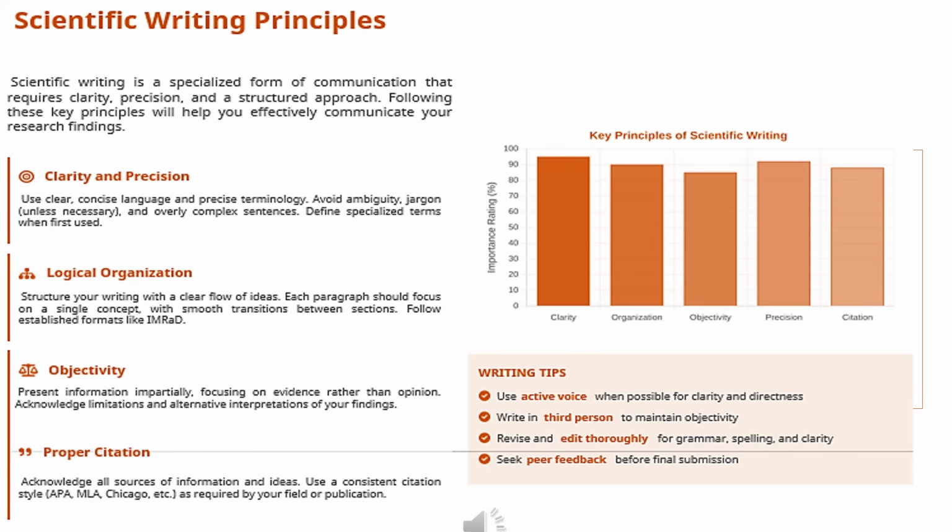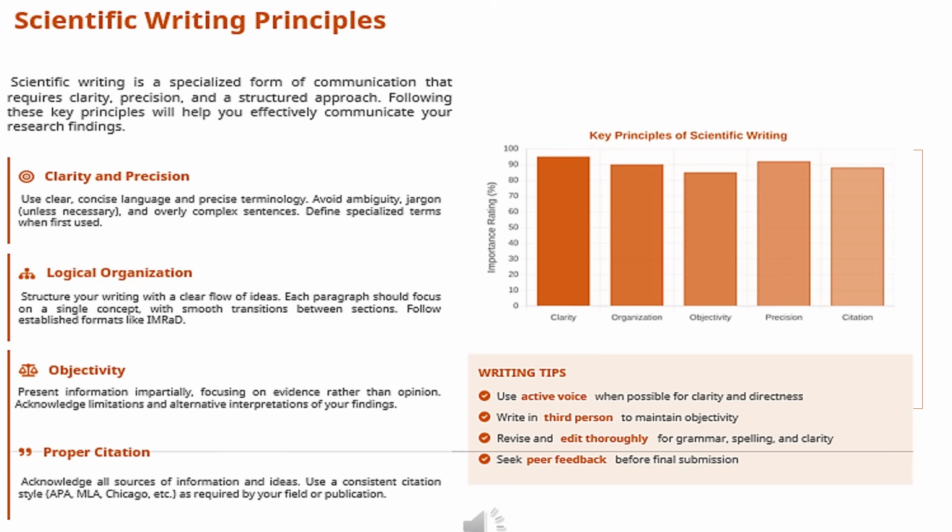So the bar chart on the other side shows the importance of these four fundamental principles. We can see clarity and precision, organization, objectivity, and citations are very, very key for a valid and objective scientific writing.